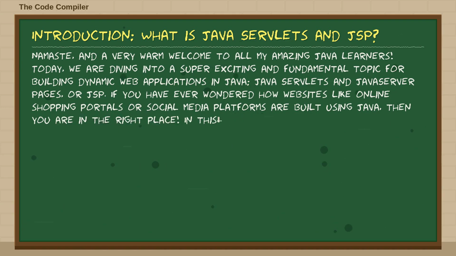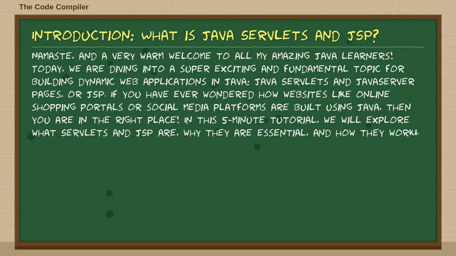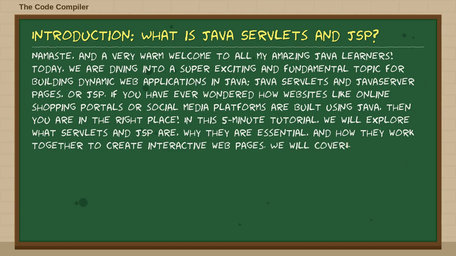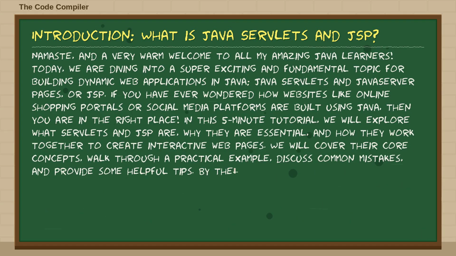In this 5-minute tutorial, we will explore what servlets and JSP are, why they are essential, and how they work together to create interactive web pages. We will cover their core concepts, walk through a practical example, discuss common mistakes, and provide some helpful tips.